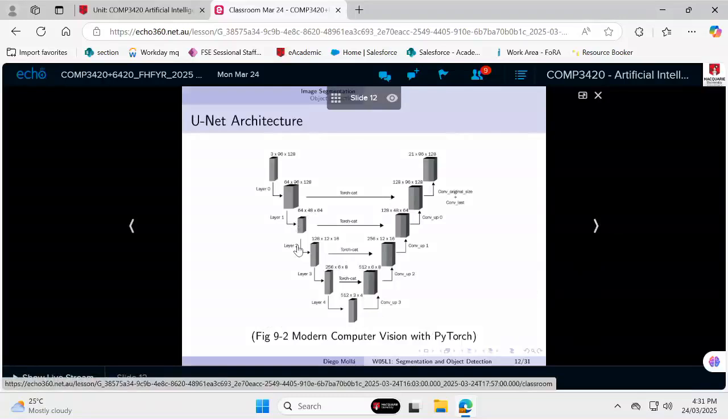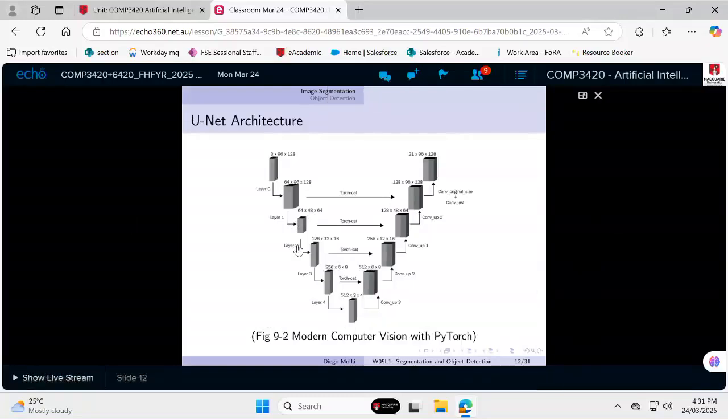So you have what is called a U-net architecture. It has a U shape. And this is a real architecture that has been used, proposed for image segmentation. In this case, you have 3 channels, 96 times 128, that should be the original image.